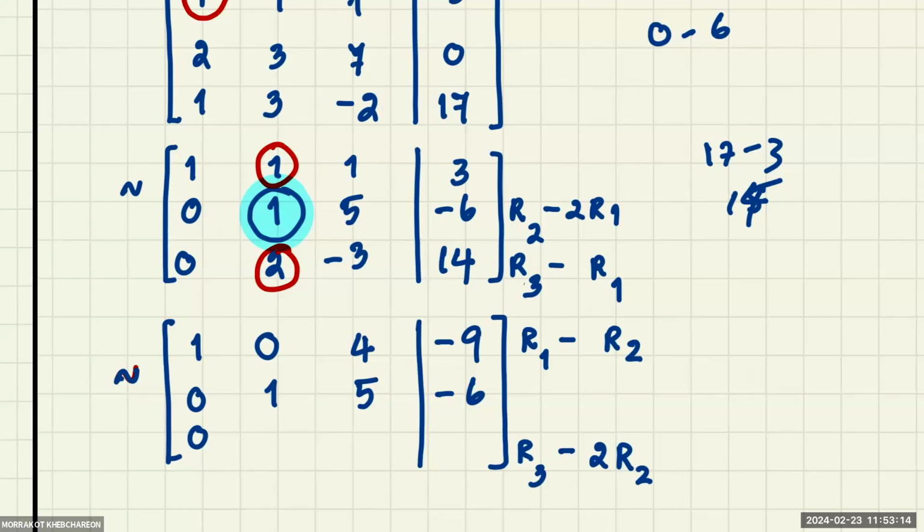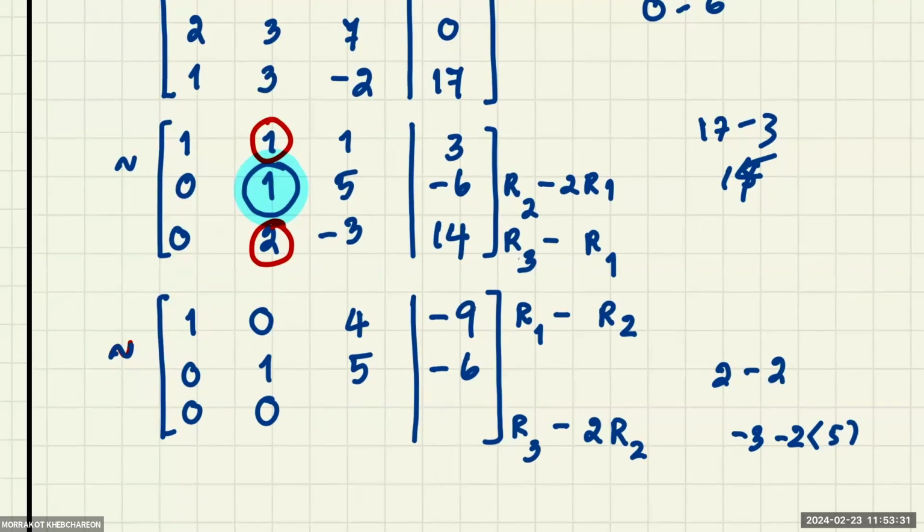And then what? 2 minus 2 is 0. Okay. Minus 3 minus 2 times 5. So it's minus 13. And then what? Minus 13 minus 2 times negative 9, right?